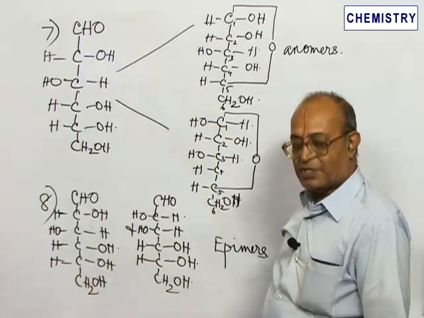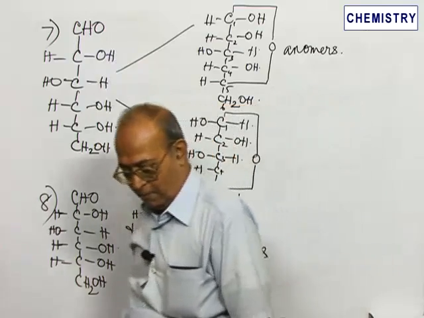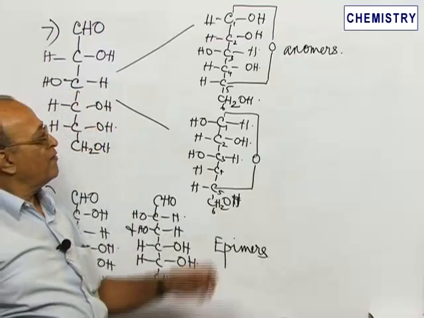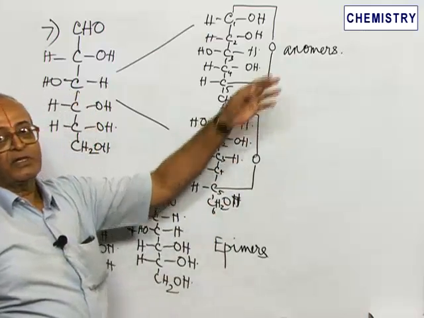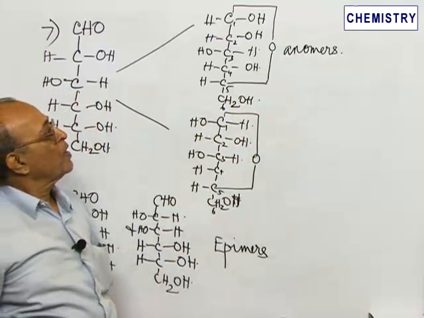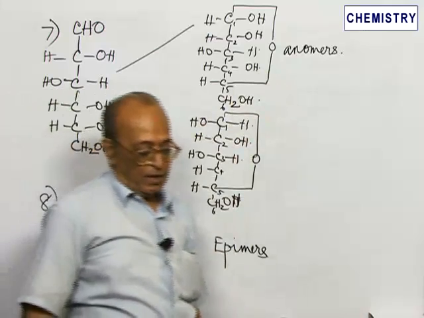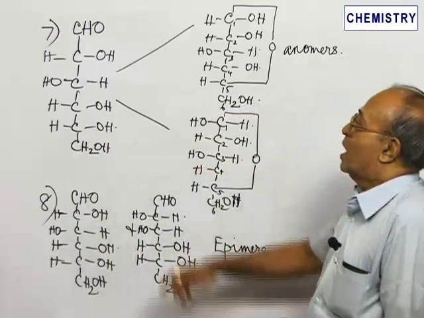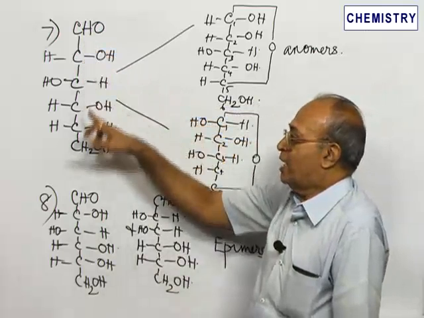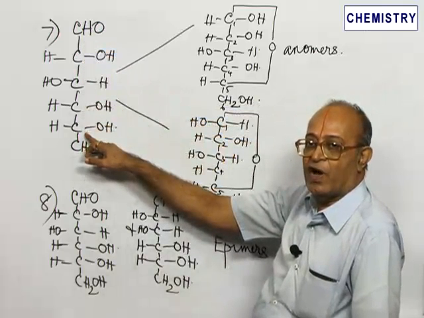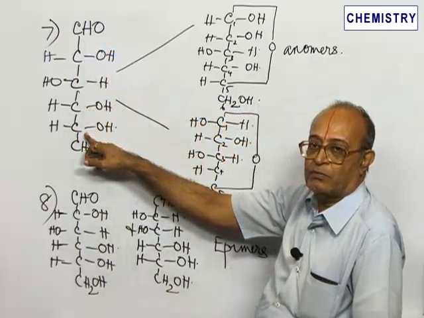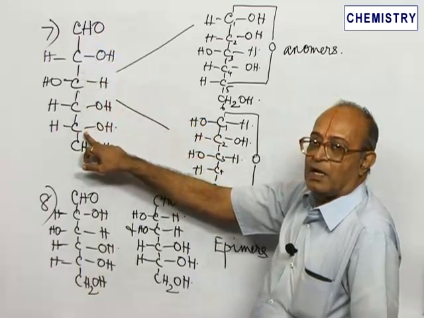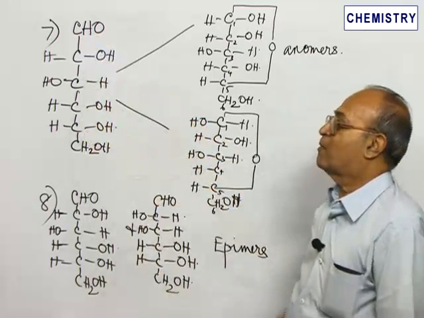Now, this linear structure is also considered in the form of a ring structure like this. In this ring structure, carbon number 1 and carbon number 5 are involved.